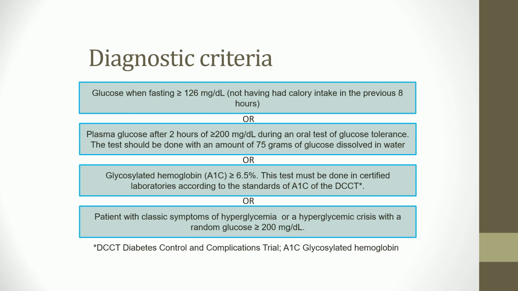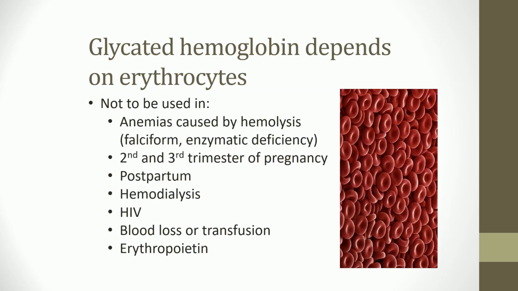Finally, if the patient has a hyperglycemic crisis, which we will talk about in another video, but essentially this is the accumulation of ketone bodies, also called diabetic ketoacidosis, or a hyperglycemic coma. Those are also diagnostic criteria for diabetes.